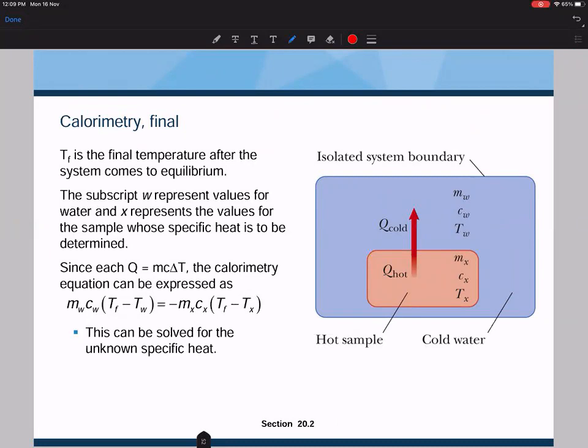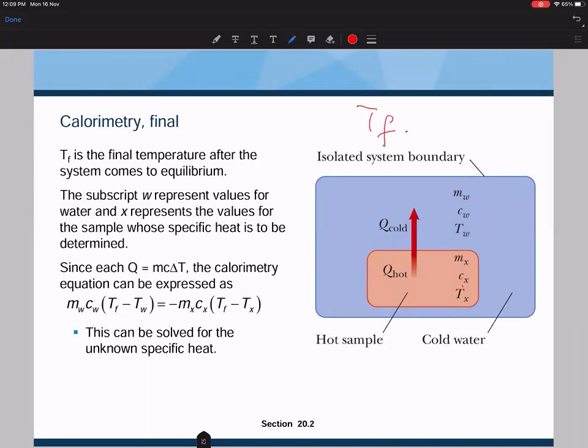You have a hot part of the system or hot sample that is dropped into the cold water. Initial temperatures are shown as in the diagram. Of course, when you put the hot sample into the cold water, eventually they would achieve the same final temperature, TF.